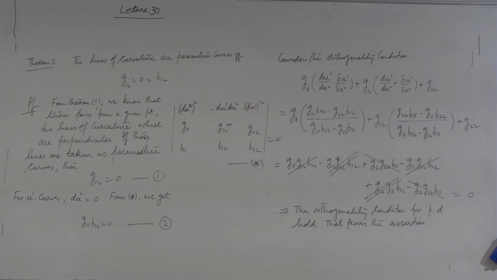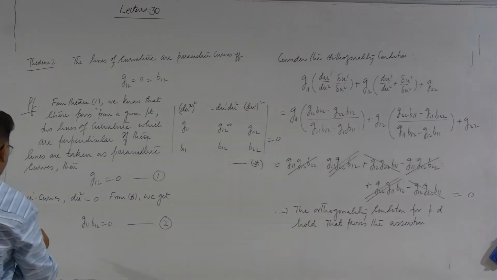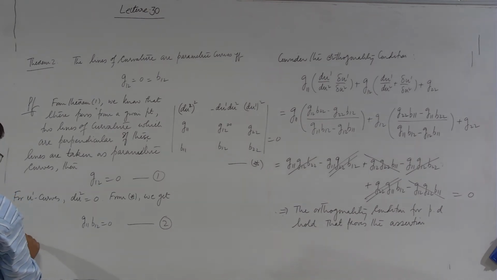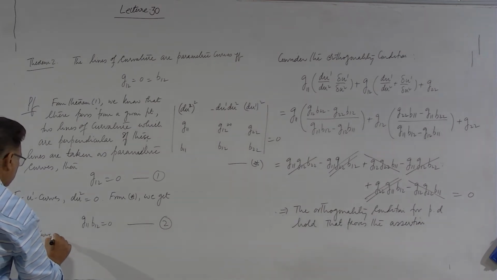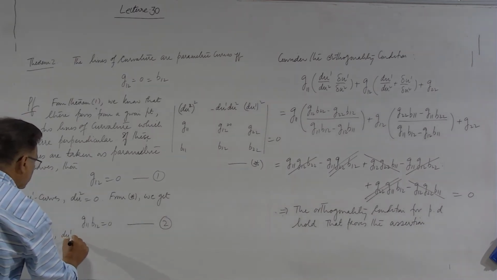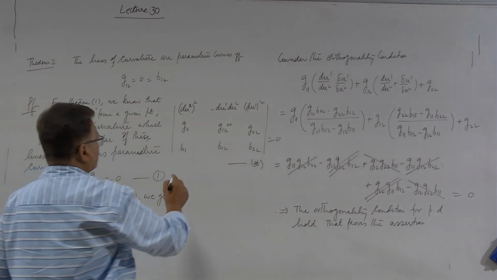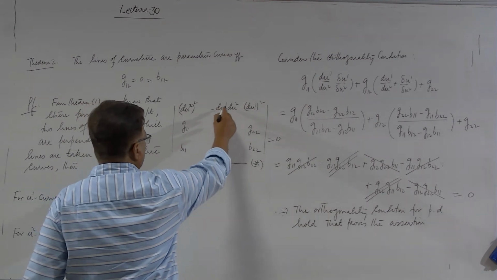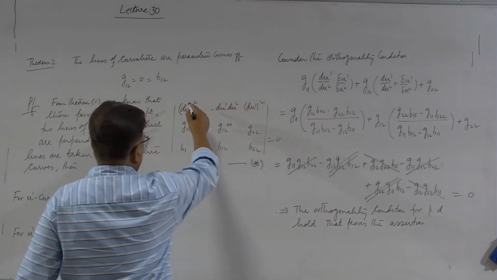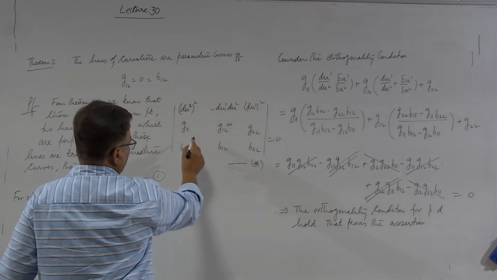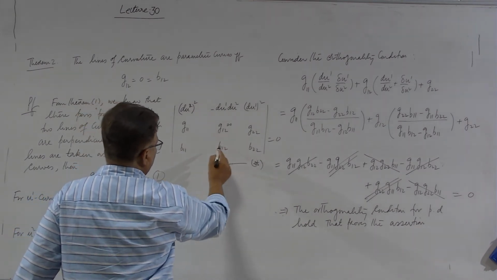Okay. If you look at the other parametric curves or other line of curvature, that is now u2 curve. For u2 curve, du1 is 0. So, put du1 equal to 0, g12 is already 0. So, when du1 is 0 it will make this 0 and this 0. So, together with du2 square you will be getting this into this minus this into this.